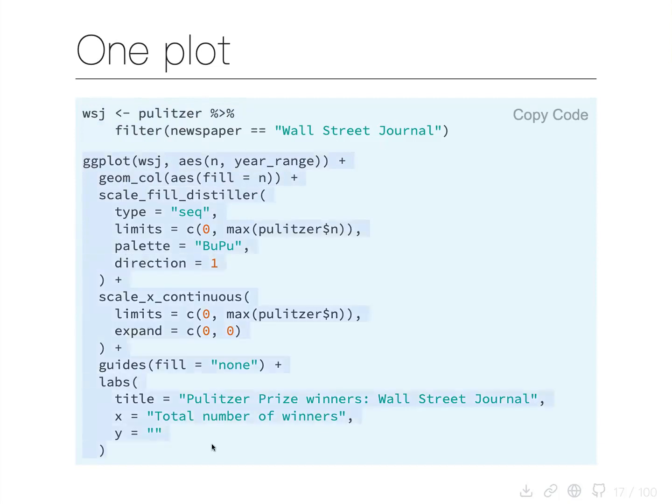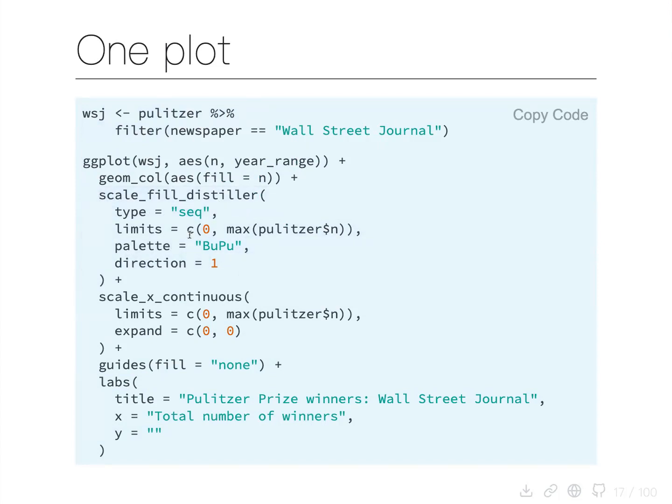Okay, this looks like a fair amount of code. Most of it is just styling. Okay, so what I'm doing is I got Wall Street Journal. I'm putting N on the x-axis and year range on the y-axis. And then I'm saying geom call where the fill is equal to N. Okay, then I'm going to say fill scale fill distiller, right?